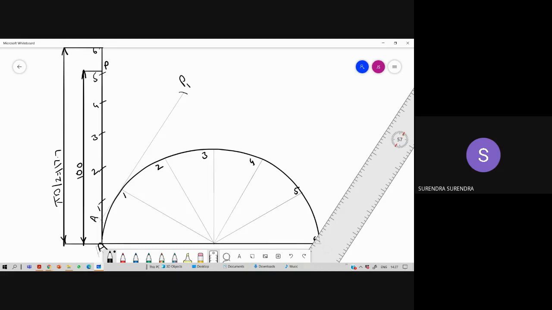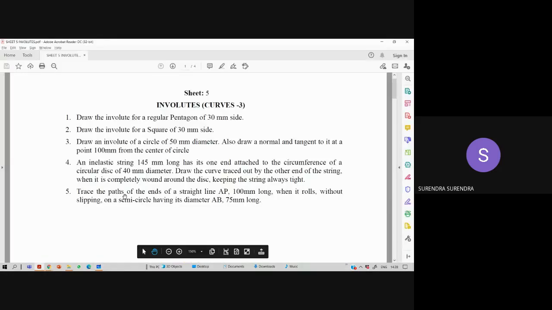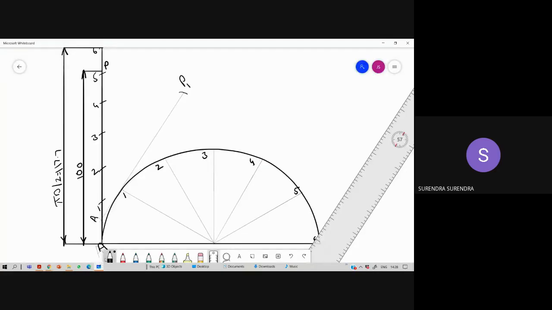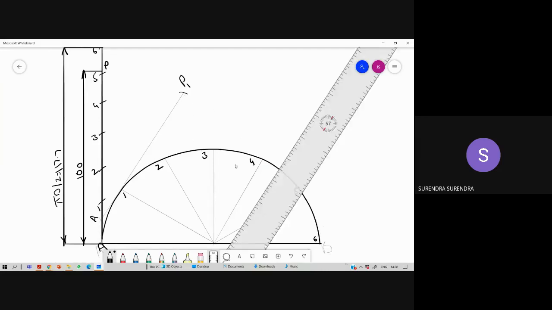Means we are tracing both the endpoints of the line. As in the problem, it is clearly given. Trace the paths of the ends, not a single end. Trace the paths of the ends, means both the points A and P must be traced. So when A is moving away from the surface, P is moving nearer to the surface.